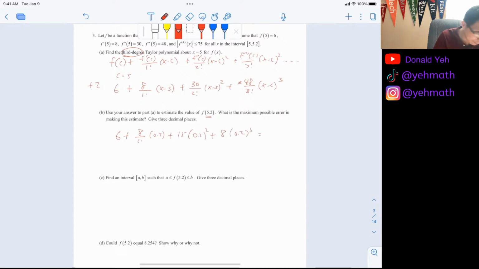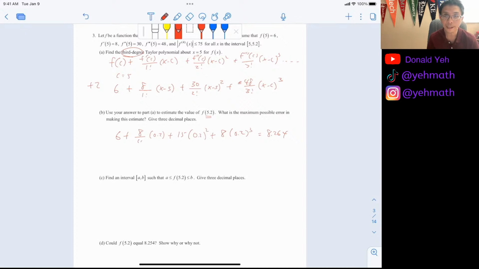That should give you some type of value. Let me calculate. I got 8.264 for the value. Do you guys understand so far?